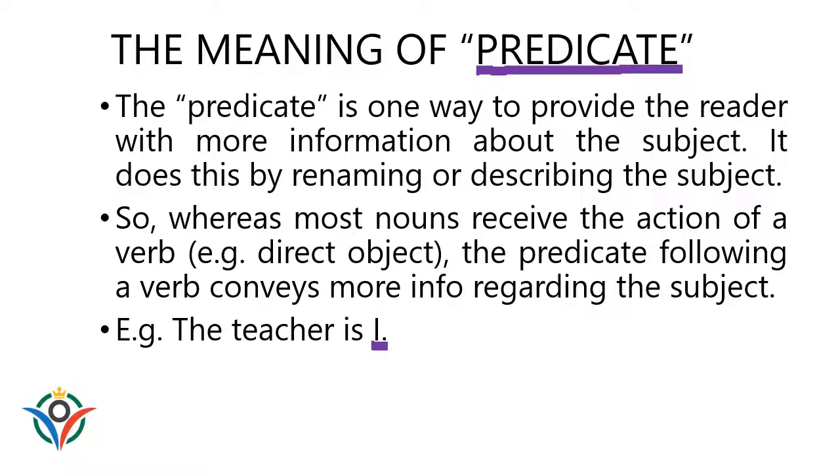Because it is not receiving the action of the verb, the pronoun cannot be a direct object. Rather, it is called a predicate nominative, and I'll explain that term to you shortly. All right, so the main thing I want you to understand from the outset is that the predicate conveys more information about the subject.